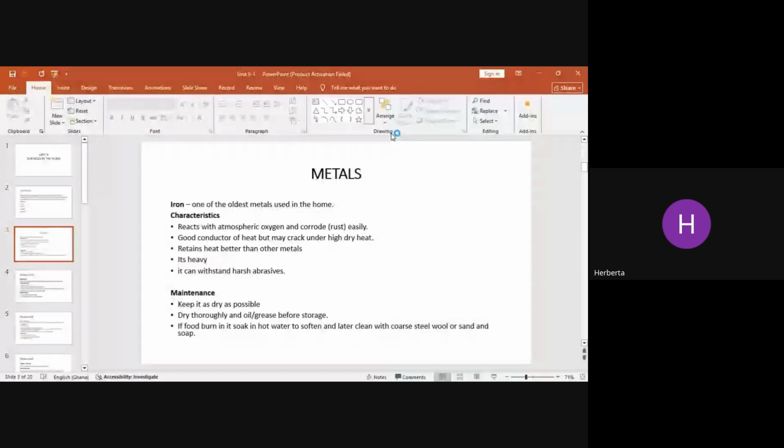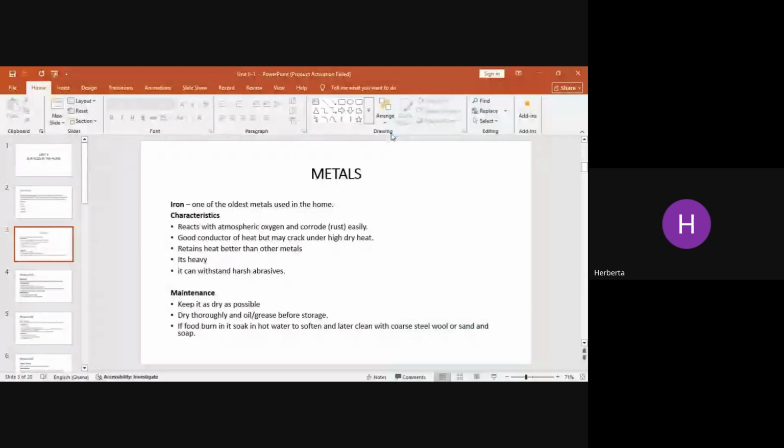Metals are materials that have high conductivity of electricity, or high conductivity for heat. And we have different types of metals depending on the use of it. One of the metals is iron.